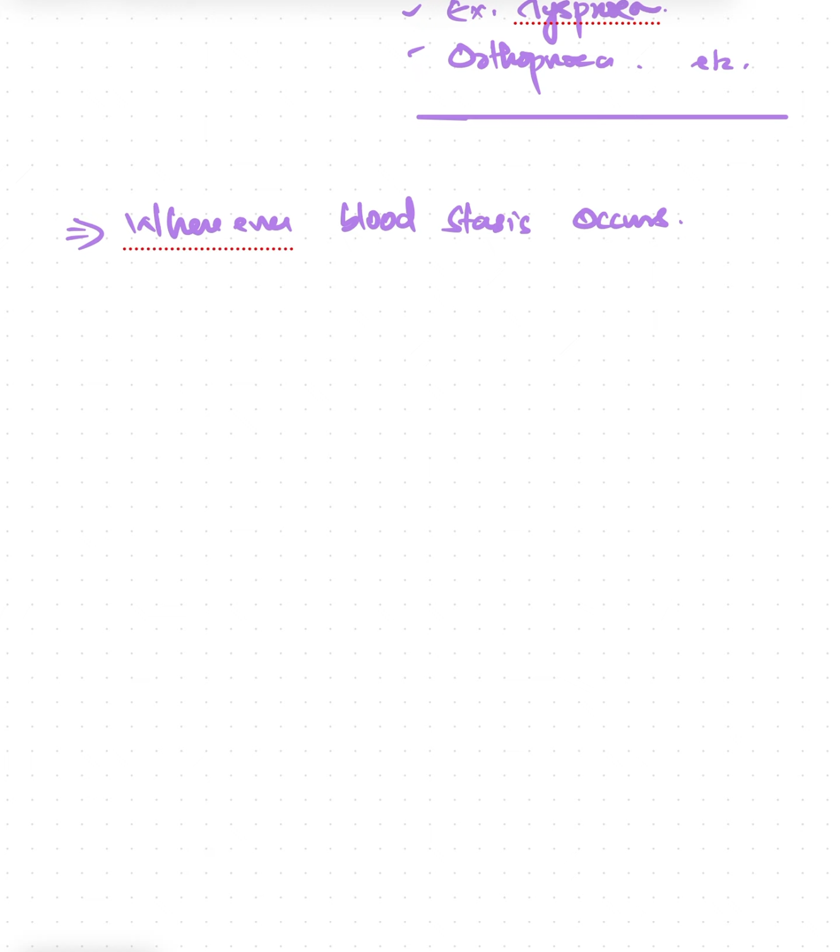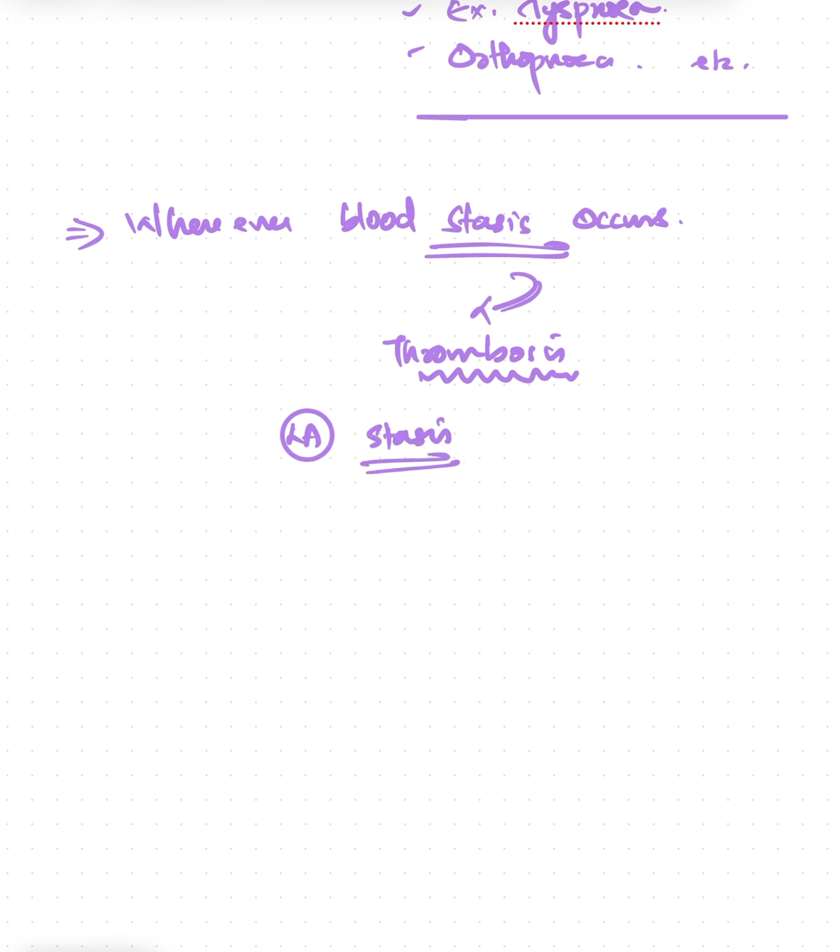It's traveling continuously. So wherever blood stasis occurs, thrombosis occurs. Blood clots occur. So here in the left atrium, there is a huge stasis. Blood is not moving. Blood got stuck there for a long while. So what happens? Thrombus formation occurs.